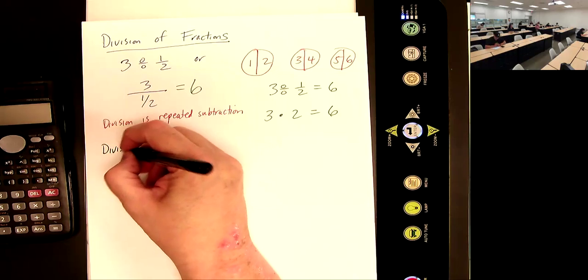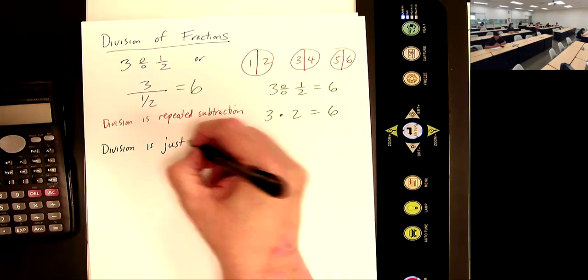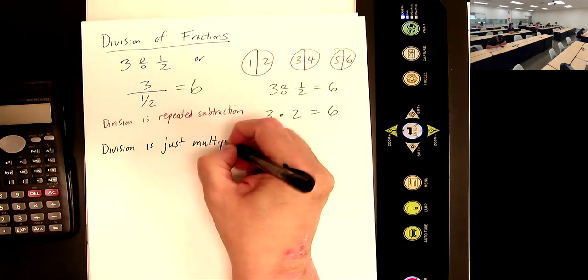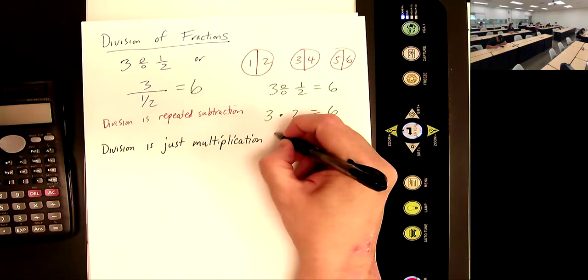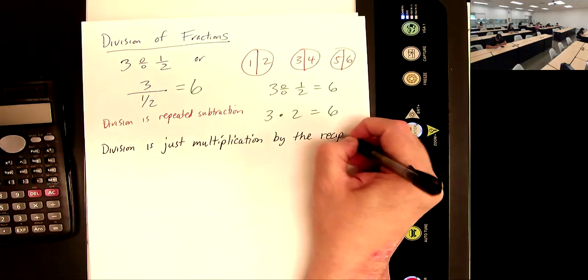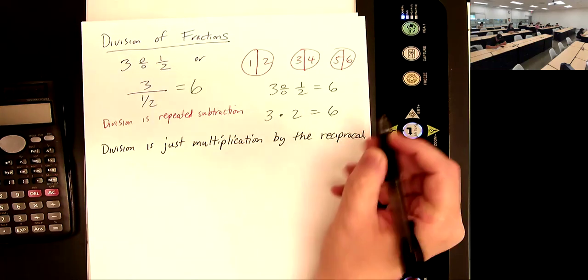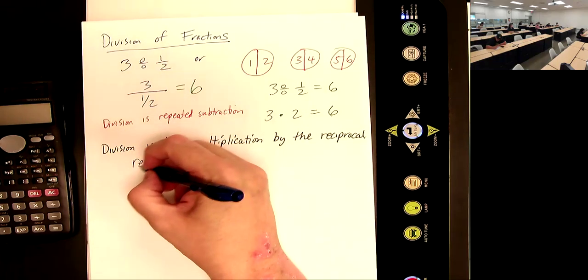So division is just multiplication by the reciprocal, it's called. And the reciprocal is the fraction flipped over.